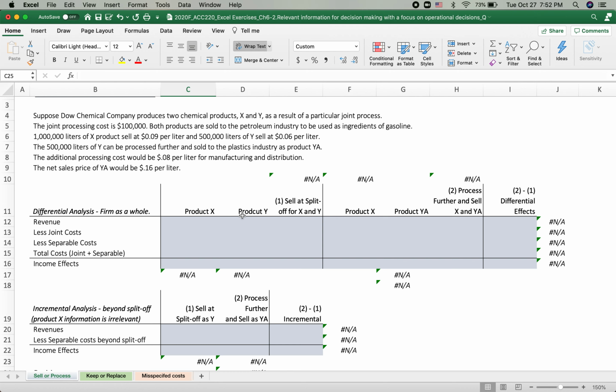in product X and Y, and then we will calculate the selling point at split off for X and Y in total. And also, if we process further to produce YA product instead of just stopping at Y, we also will have some processing further and sell X and YA product, and then we'll find some differences between the two.